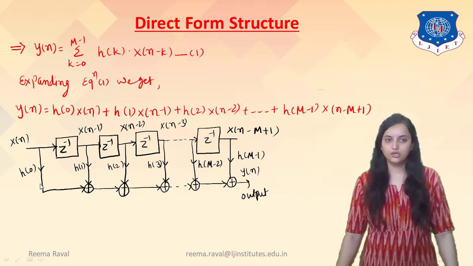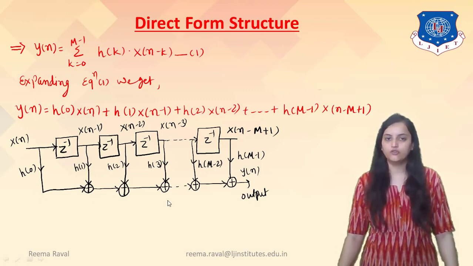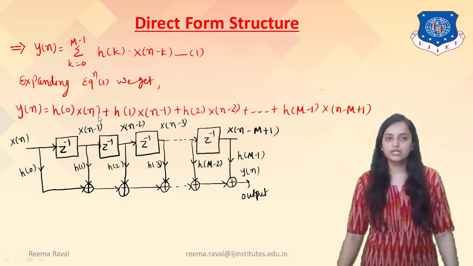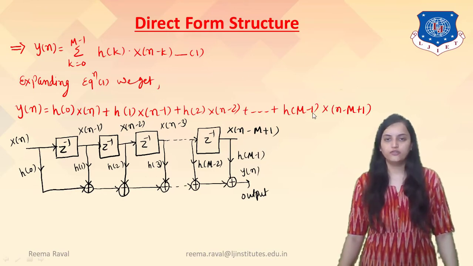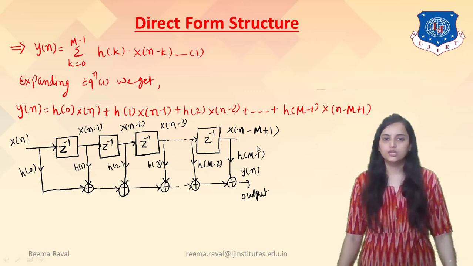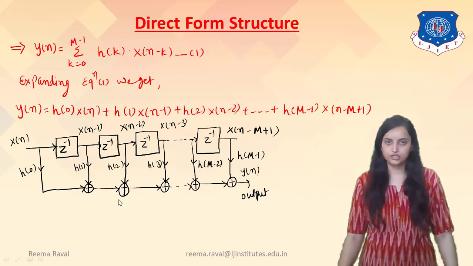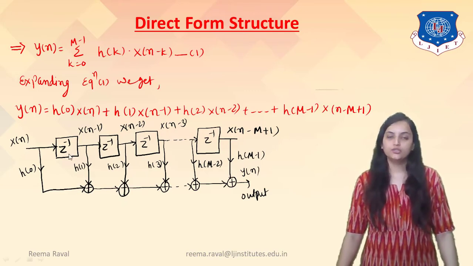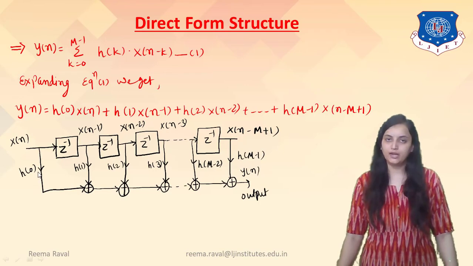Here we are using h of 0, h of 1, h of 2, h of 3, h of M minus 2 up to h of M minus 1, the constant values or constant multipliers to the instances x of n, x of n minus 1, x of n minus 2, up to x of n minus M plus 1. So according to this we are going to get the direct form structure. Whenever the system difference equation is given, we are going to use these delay elements. Multipliers will be added over here, and here there will be adders. According to this, the final output is obtained.